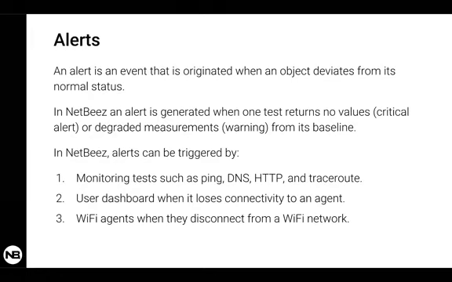Another thing that can generate an alert is the dashboard when it loses connectivity to an agent, probably because the remote agent went down or the remote network location where the agent is installed lost connectivity to the internet and to the dashboard. And the last type of alert can be generated when a Wi-Fi agent disconnects from a Wi-Fi network, another type of critical alert in this case.